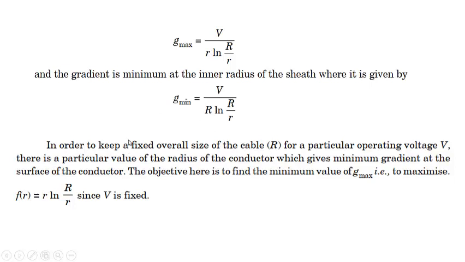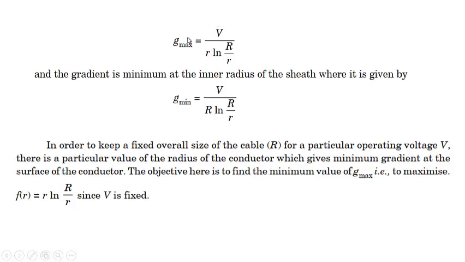So in order to keep the overall size of the cable R fixed, for a particular operating voltage, that is we have fixed V, there is a particular value of the radius of the conductor which gives a minimum gradient at the surface of the conductor. Because this is the maximum, we have to minimize this.